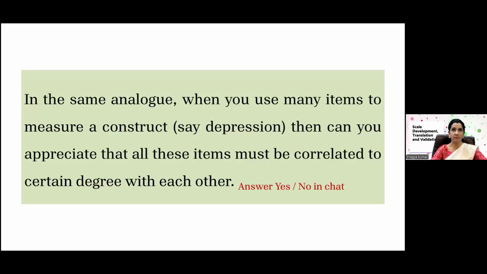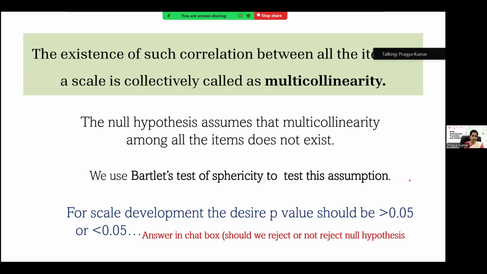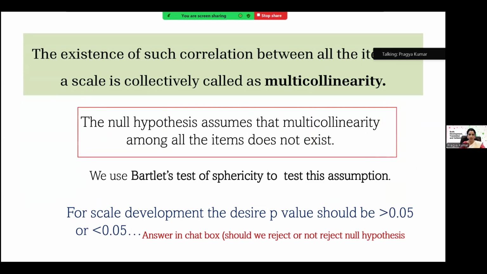In the same analogy, when you use many items to measure a construct, they are correlated to each other to a certain degree. The existence of these correlations is known as multicollinearity. So the null hypothesis assumes that the multicollinearity among all these items does not exist.